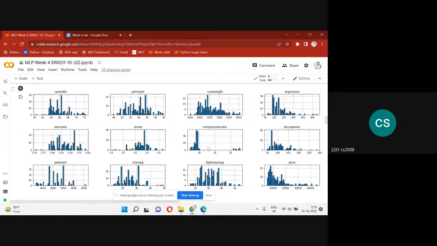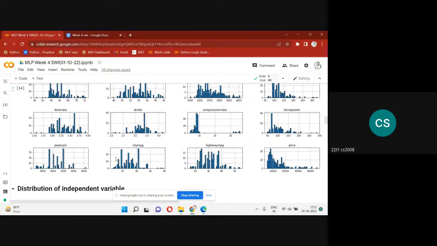But whoever has a mechanical engineering background, or good information about cars, can understand that since diesel engines have a high compression ratio, all the cars whose compression ratio is above 20 belong to diesel cars, and these other samples denote petrol cars.